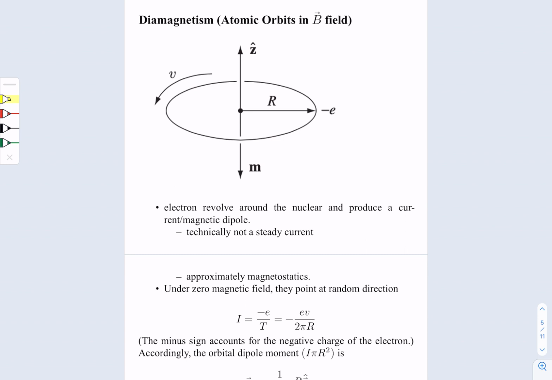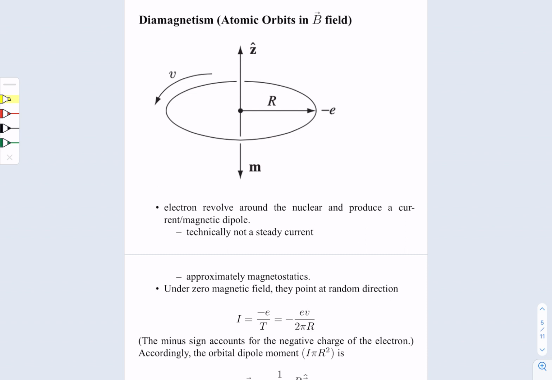So a magnetic field cannot align the intrinsic spin magnetic moment. In this case, we have to consider that the electrons not only rotate along their own axis, they also revolve around the nucleus in the center.